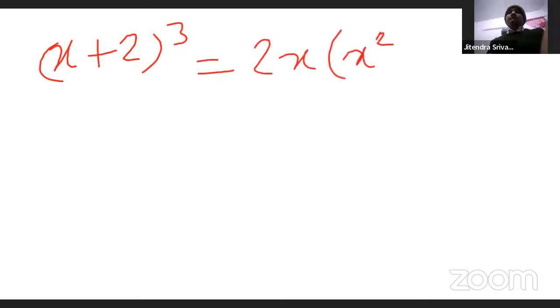So our next question is x square minus 1.